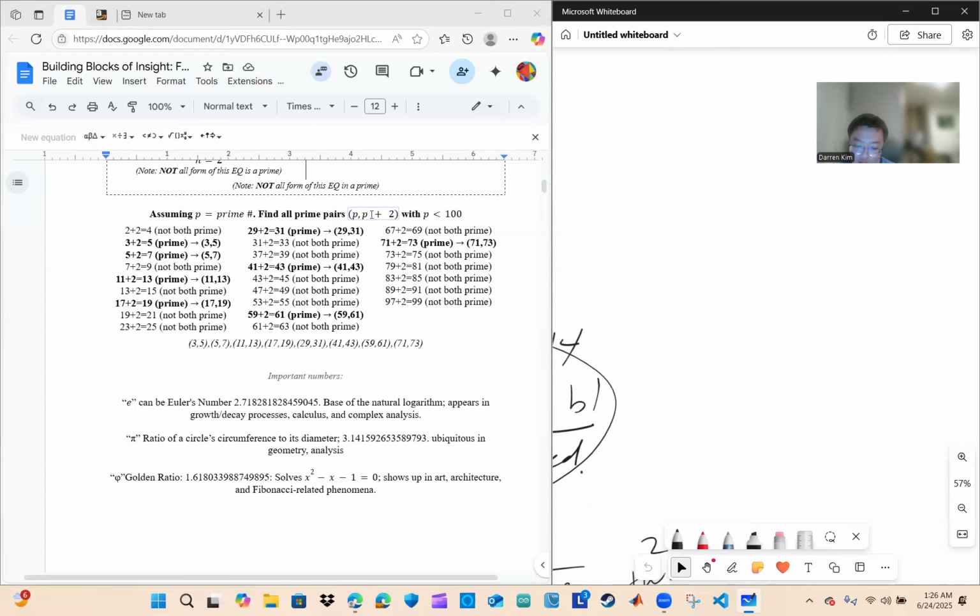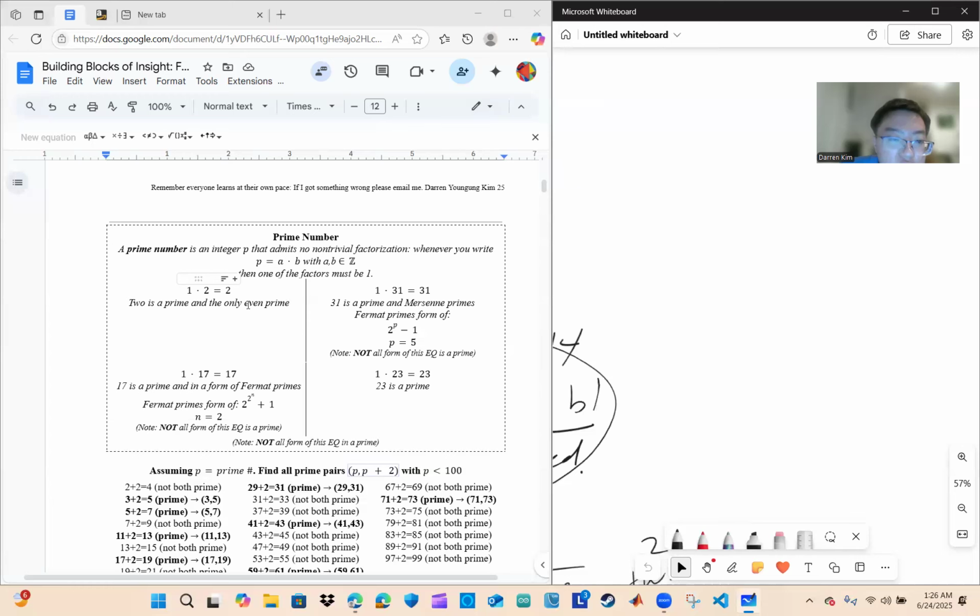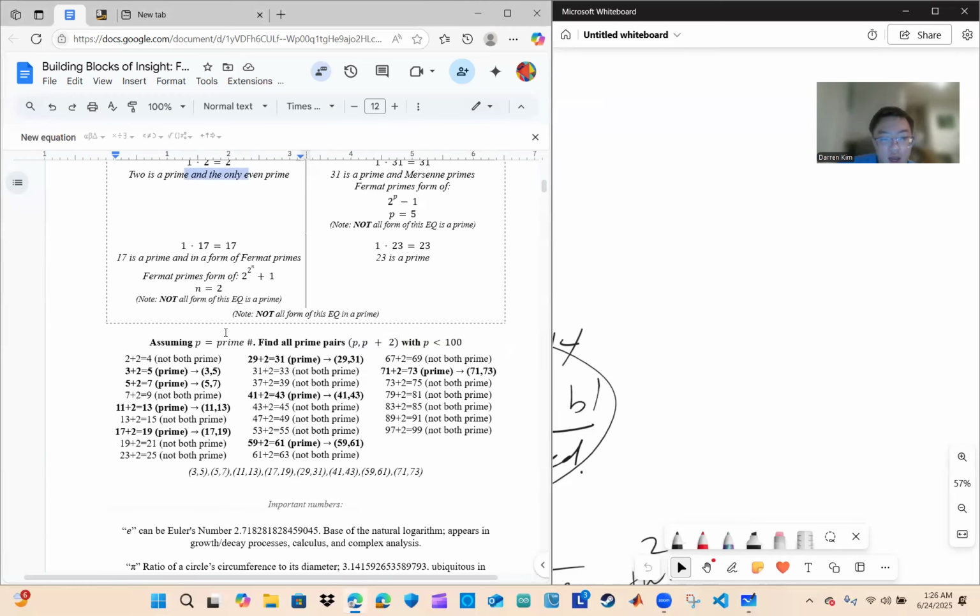Anyway, I was about to say before my tablet decided to scatter that two is the only even prime. So actually taking one is also a prime too. So one plus one. So there'll be one prime if you said p comma p plus one.